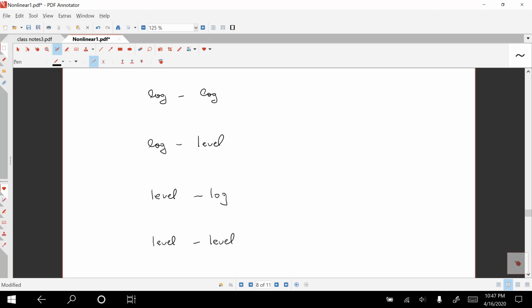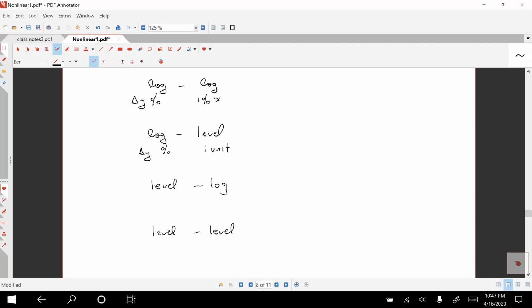So when we have a log-log model, remember the interpretation of beta 1: we talk about a 1% change in X, and we look at the change in Y in terms of percentage. When we have the log-level model, we look at the 1 unit change in X, and the change in Y is expressed in percentage. Remember that you have to multiply it times 100, and I'm not going to write that down, just to give you the intuition.